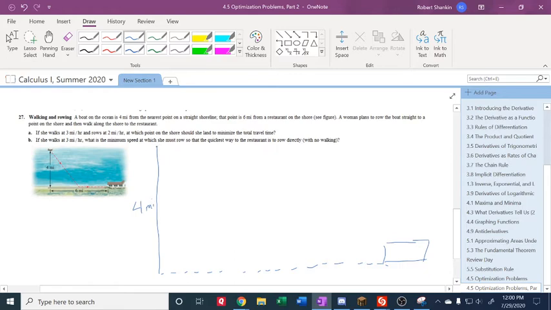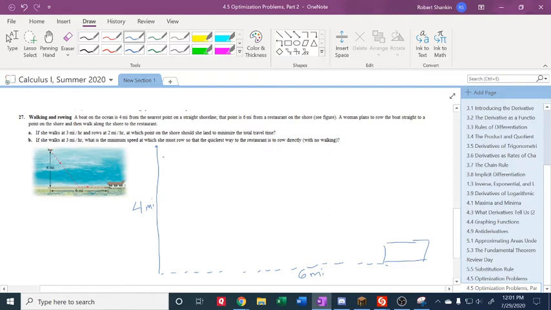You're 4 miles straight out in your boat. And that point is 6 miles, so over here it's 6 miles straight along here to get to the restaurant. Okay. She walks at 3 miles an hour and she rows at 2 miles an hour.